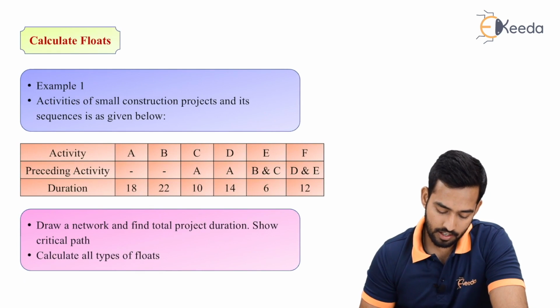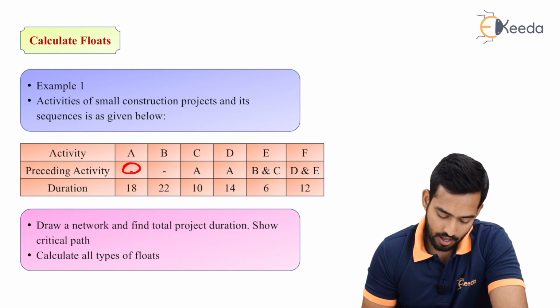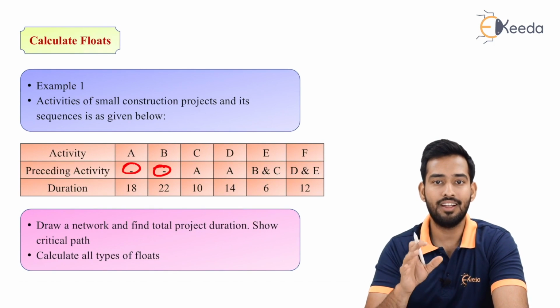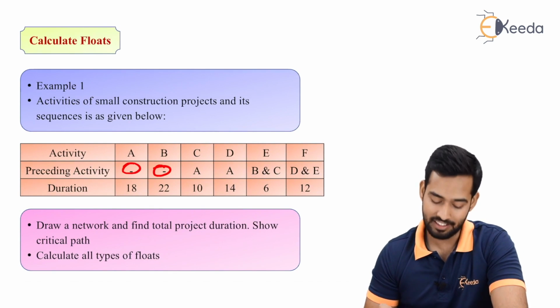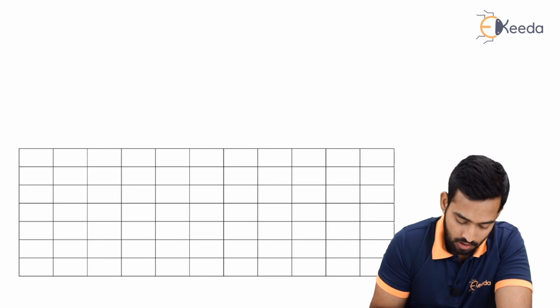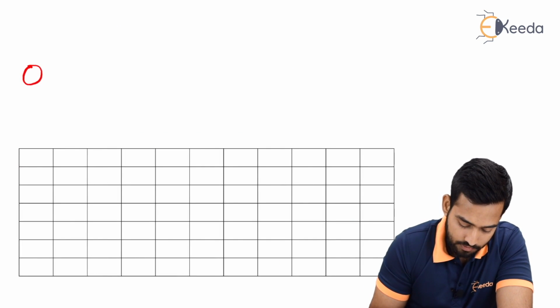As we can see over here, A and B have no predecessors. It means A and B are the starting activities, so they will diverge from the first node. So we'll start with the solution.